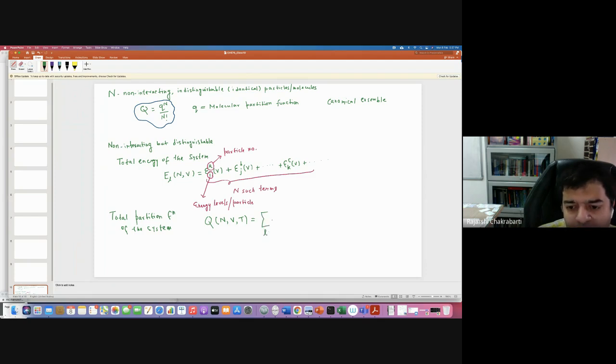It is very important that you take a sum of this quantity, and this sum is over all possible energy arrangements, rather configurations.